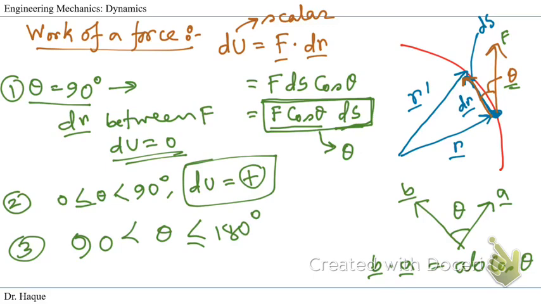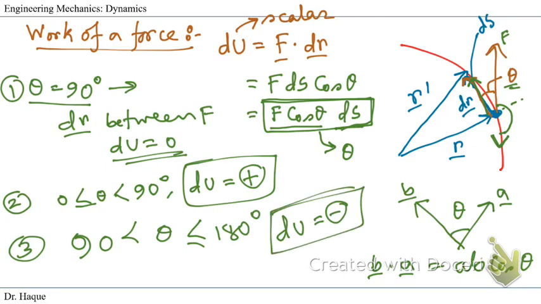If you look at the picture, the component, if it's more than 90 degrees, will be in this direction, so the force direction is opposite to the movement dr. If it's the opposite direction, then the work is negative.